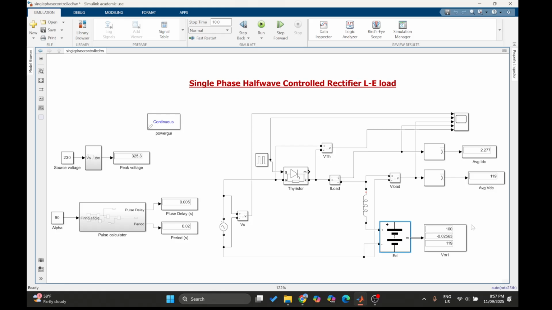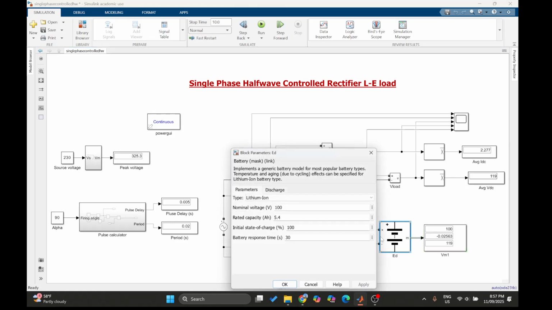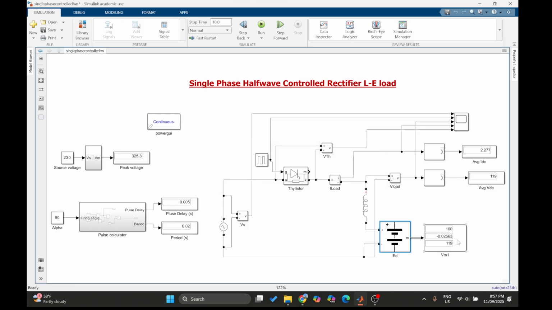You can see that our back EMF voltage is around 119 volts, which is our 100 nominal voltage multiplied by the rated capacity of the battery. We have a nominal voltage of 119, and we also get an average VDC of 119.